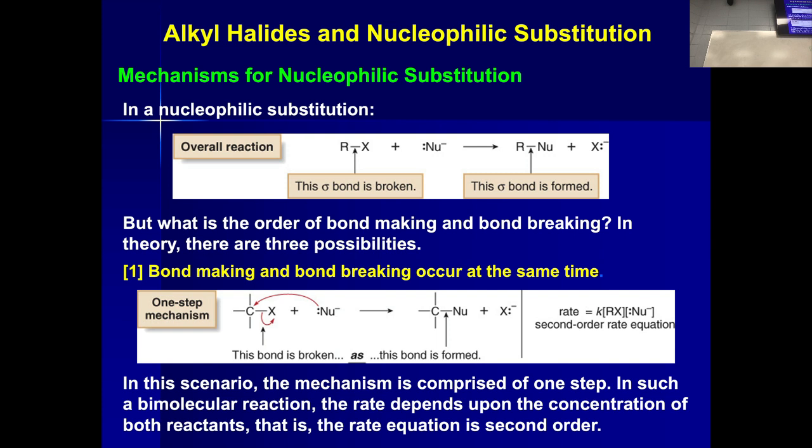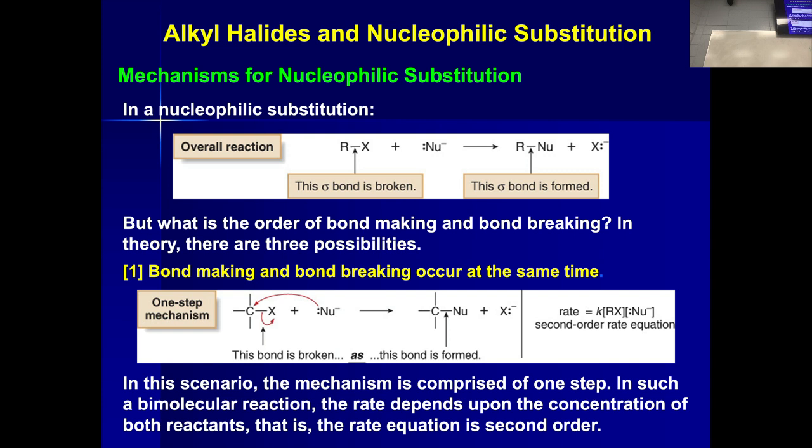We came up with three possibilities in our little thought experiment. The first possibility would be that the nucleophile reacts with the electrophile at the same time that the leaving group leaves. That was scenario one. We said that seems plausible. The nucleophile can react at the carbon, the leaving group can leave, that all happens at the same time.